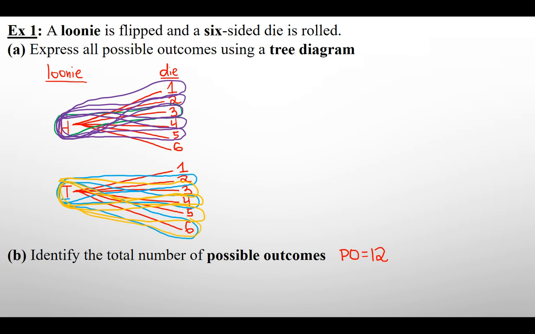tails and 6. And again, you don't need to circle this on the tree diagram. In fact, don't do that because it would make the tree diagram super messy. I'm just doing it to illustrate once again what the favorable outcomes are. So to get tails and greater than 2, there are 1, 2, 3, 4 possible ways you can attain that. Or 4 favorable ways that can be obtained.